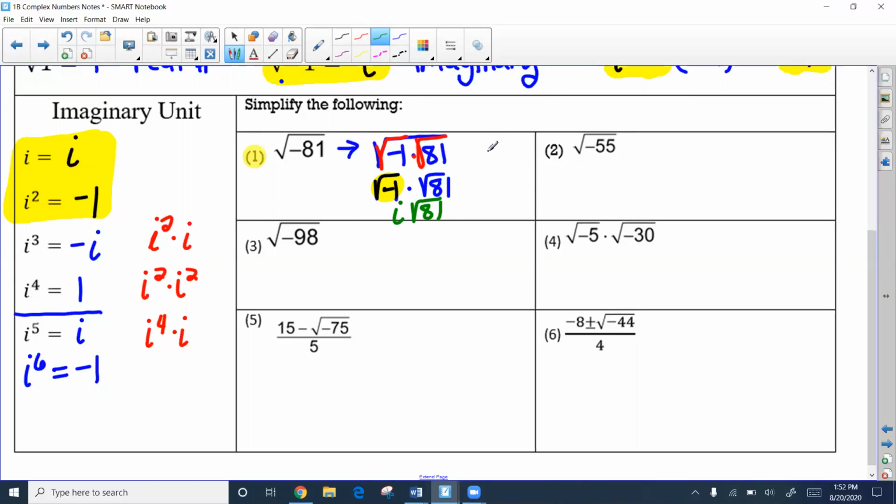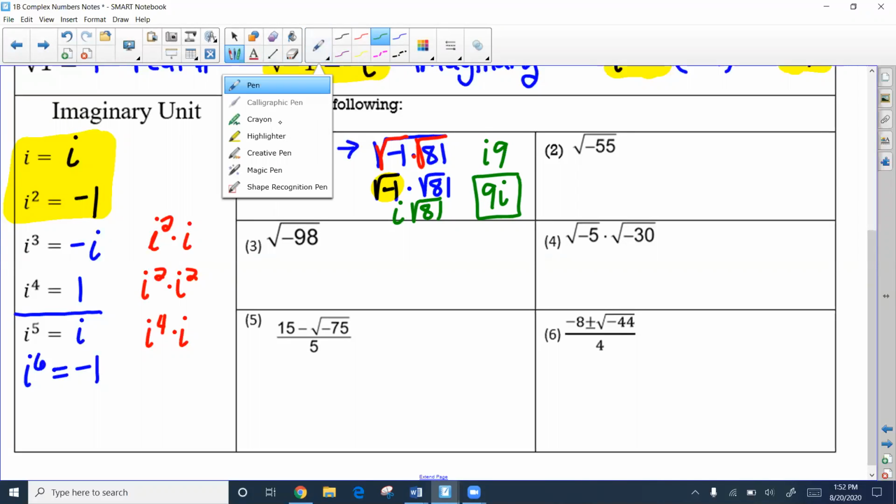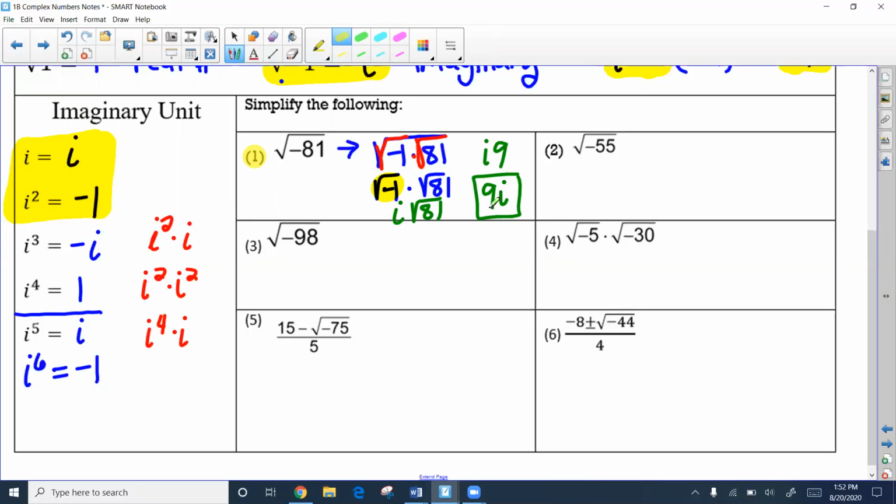So we can write this as i times 9, but usually we'd see it in the order 9i. So the big key thing here, we wrote down the in-between steps, but the negative under the radical became the i outside the radical.